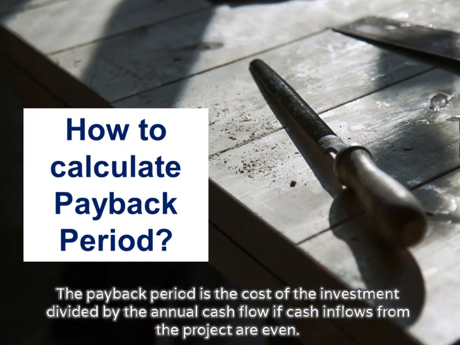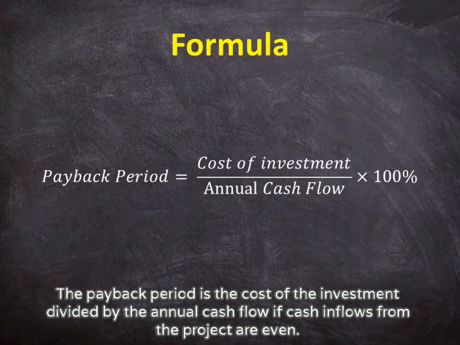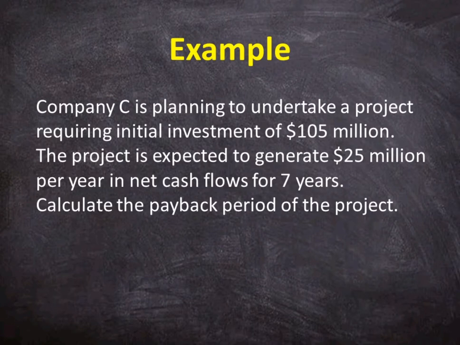The payback period is the cost of the investment divided by the annual cash flow if cash inflows from the project are even. For example, Company C is planning to undertake a project requiring initial investment of $105 million. The project is expected to generate $25 million per year in net cash flows for 7 years.